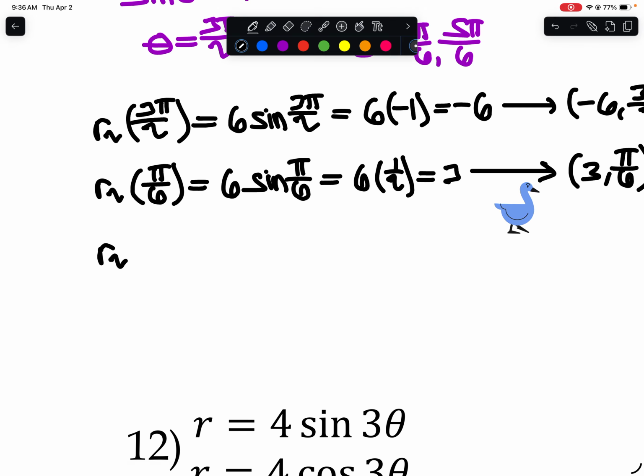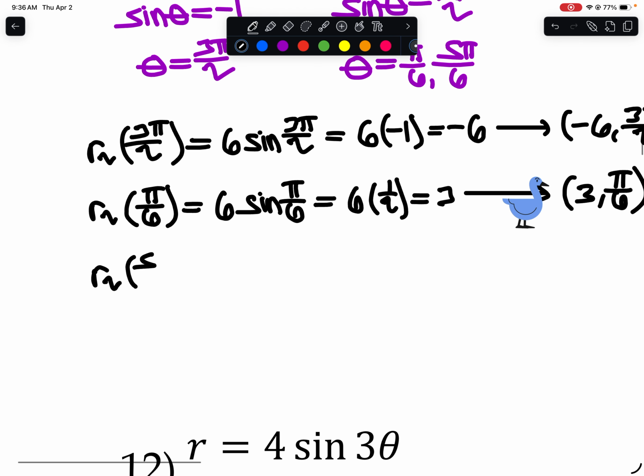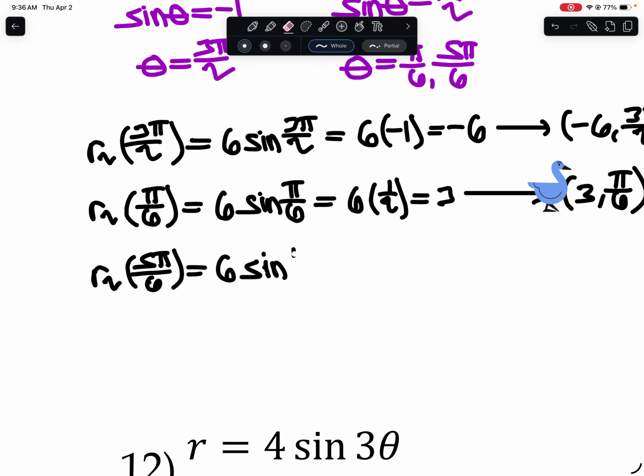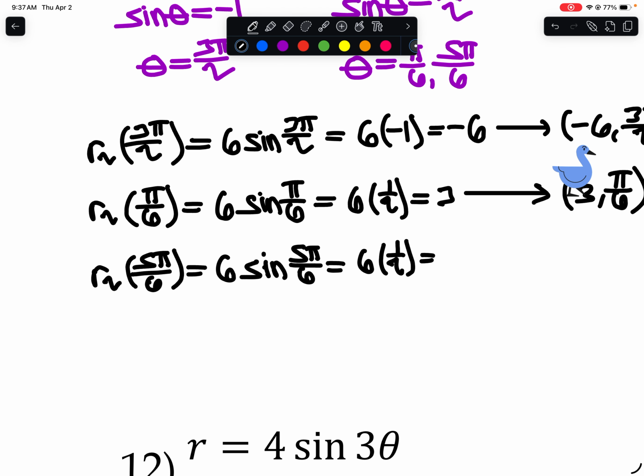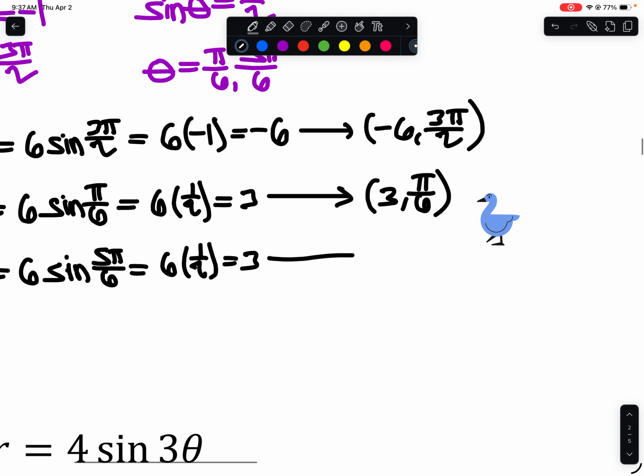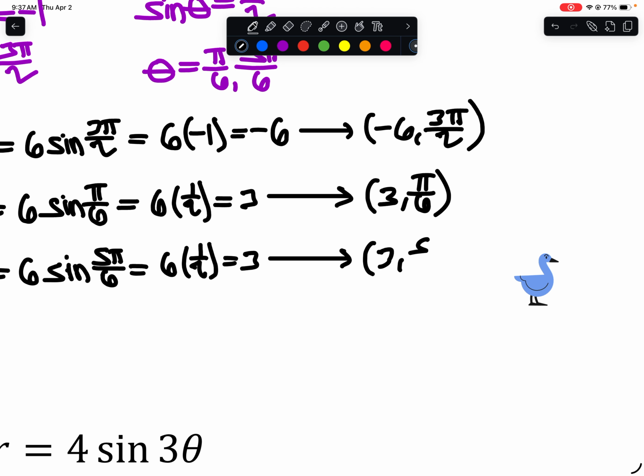And then when I also plug in for the other point, so we're also going to have 5 pi over 6. So that's going to generate the same point that we just did for pi over 6. So I want 5 pi over 6 here. So 6 times 1/2, which is 3. So that's going to give me the point 3 in the direction of 5 pi over 6.